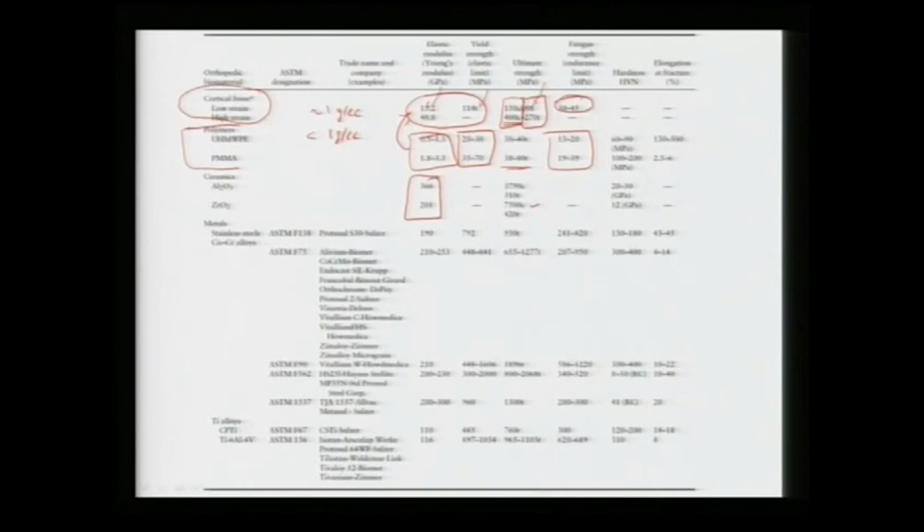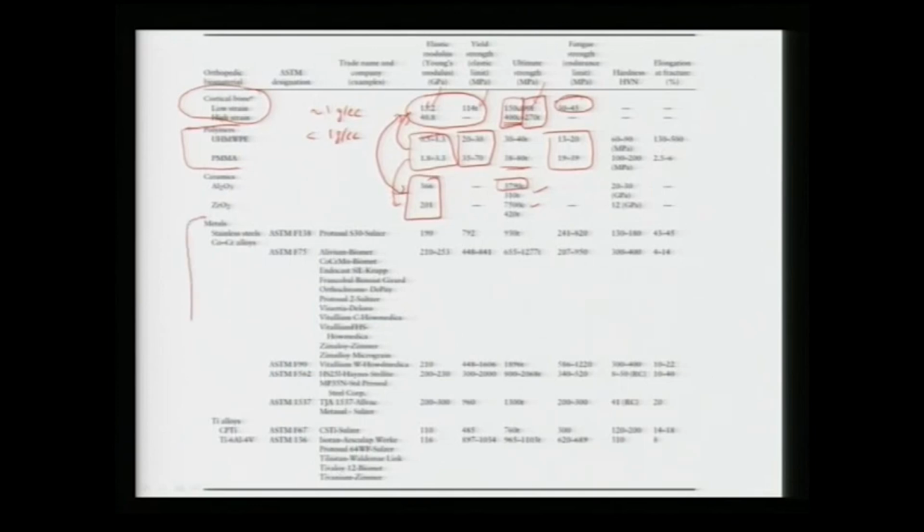So from 150 it can go to 3.7 gigapascals, which is very high. So that is not really good for replacing the bone. So we require it to again reinforce it with certain material or to induce much more porosity. If you are inducing porosity, then it can reduce the elastic modulus dramatically, and that can now become comparable to that of a cortical bone.